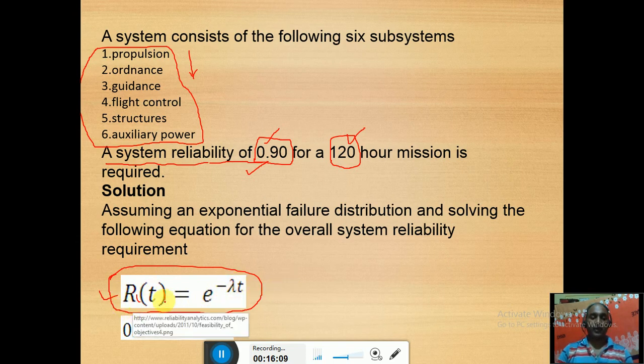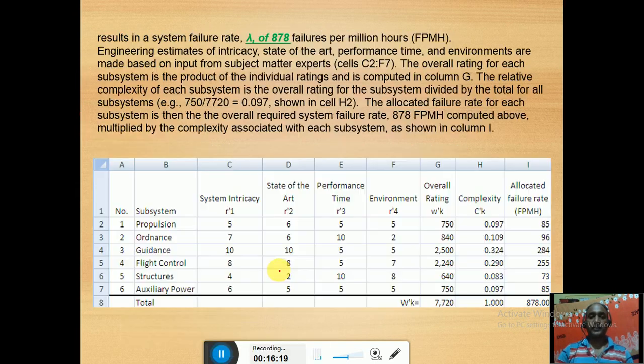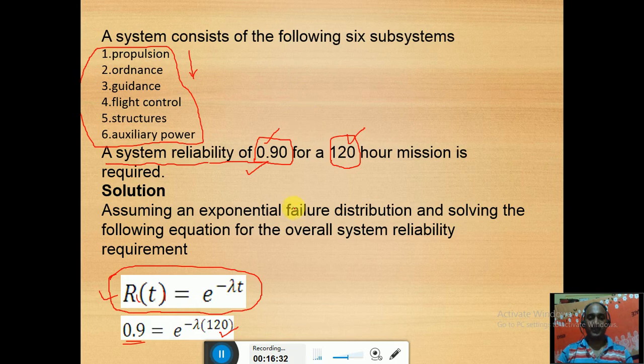Now we have to allocate the system reliability as 0.9 for 120 hours, so t is given as 120 hours. Then we'll find out the value of lambda. The value of lambda is 878.